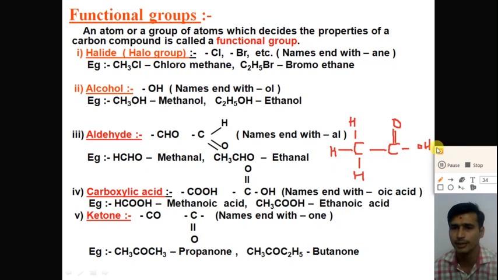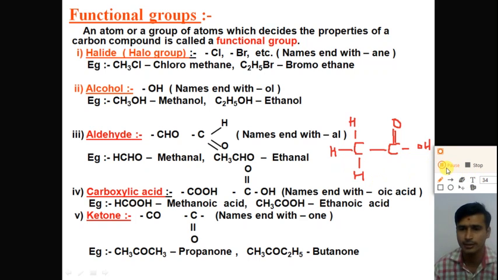So if you take three carbon atoms, it's propanoic acid. If you take four carbon atoms, it is butanoic acid. If you take five carbon atoms, it is pentanoic acid, right? If you take six carbon atoms, it is hexanoic acid, right?